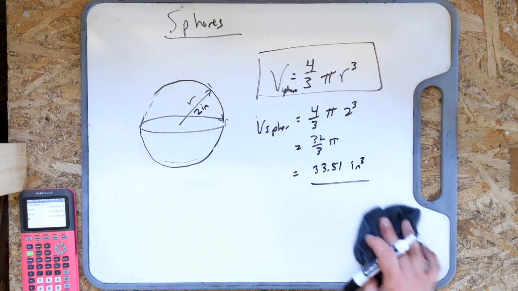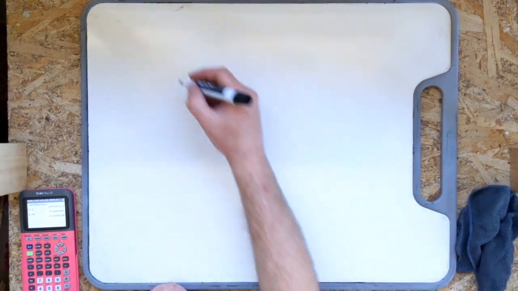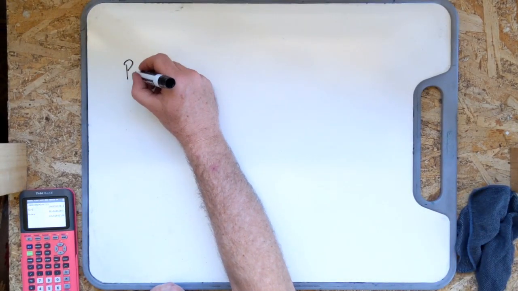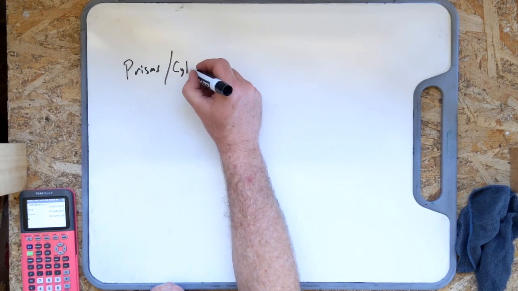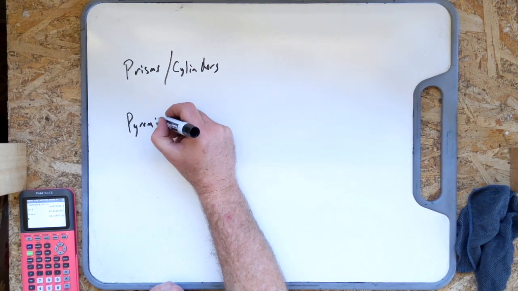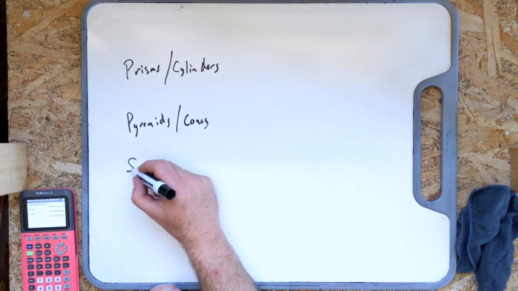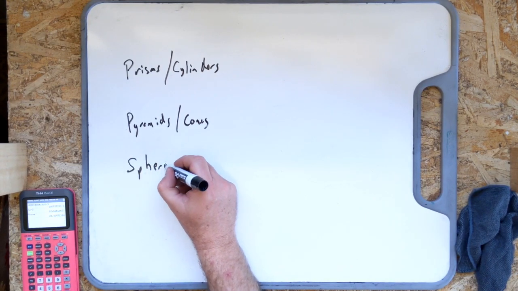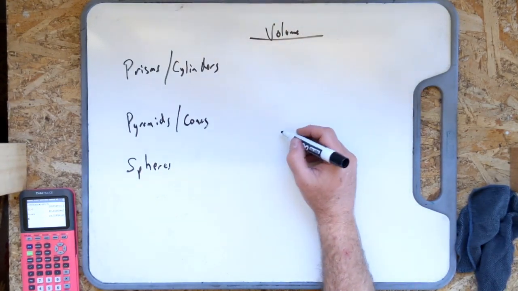Pretty straightforward. I'm now going to summarize the formulas before we go on. So we had prisms and cylinders. We had pyramids and cones. Then we had spheres. That's it. So volume now rather than surface area.